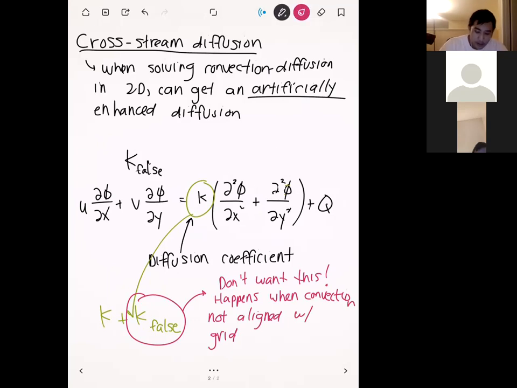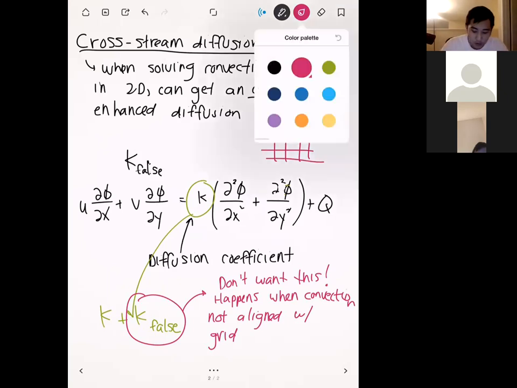In 2D, remember we have our waffle pattern. Our grid looks something like this, with vertical lines and horizontal lines, all like that.